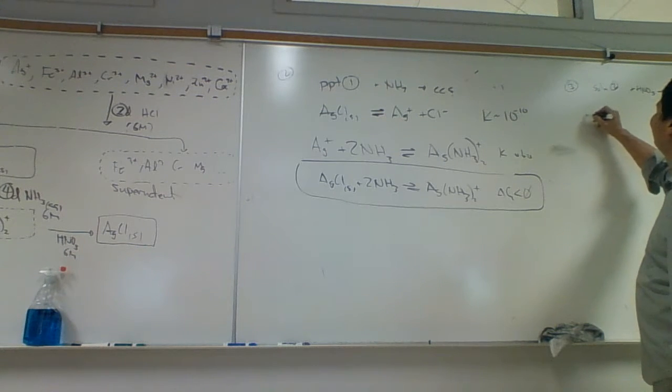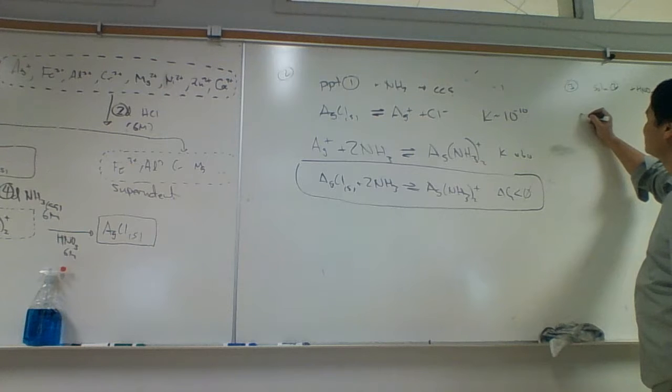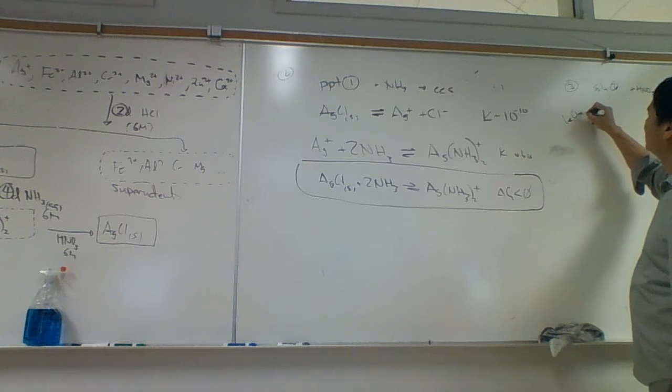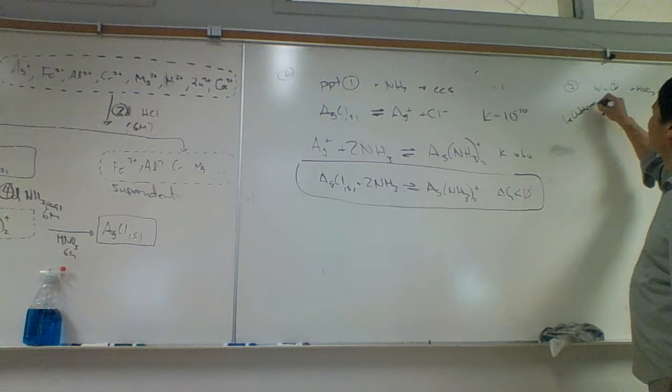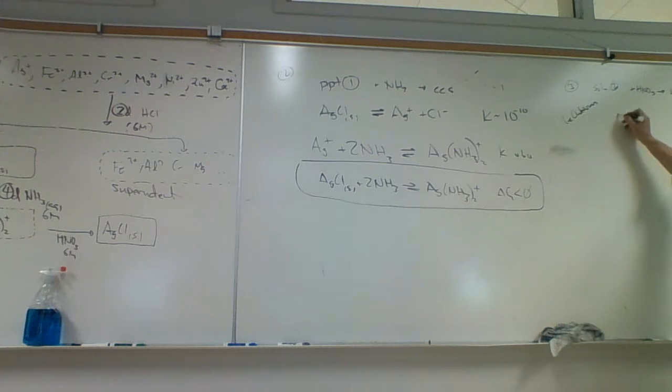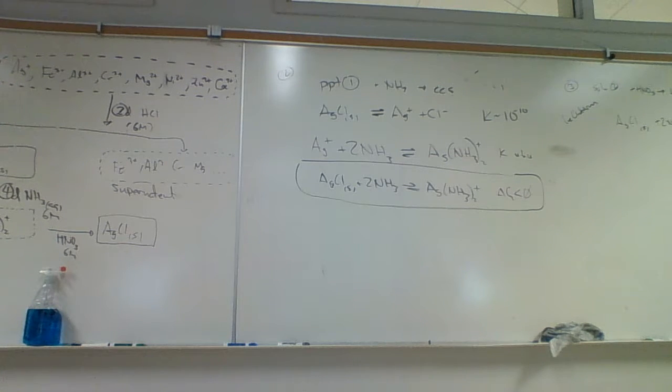One way of visualizing this particular reaction is Le Chatelier's. In this case there's no solid left over, so this is shifted all the way to the right. But if I want to shift this back to the left, I need to either increase the product concentration or decrease the reactant concentration.